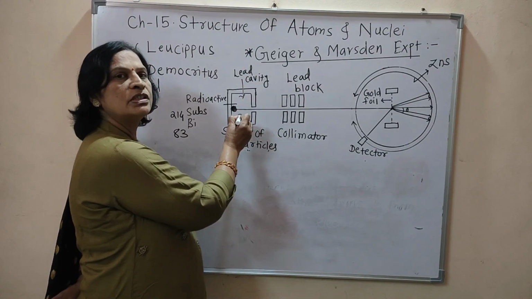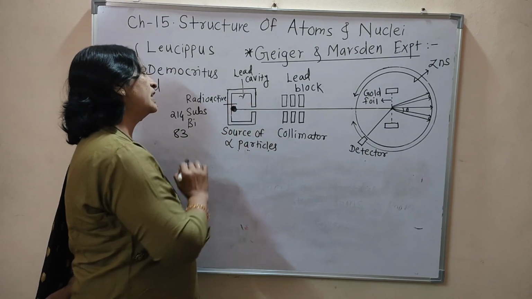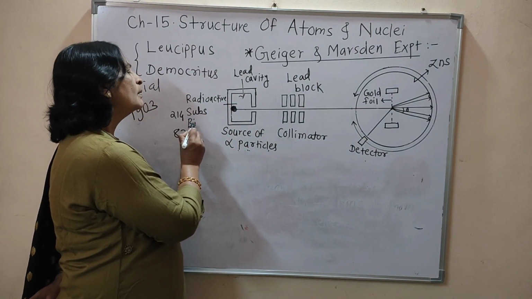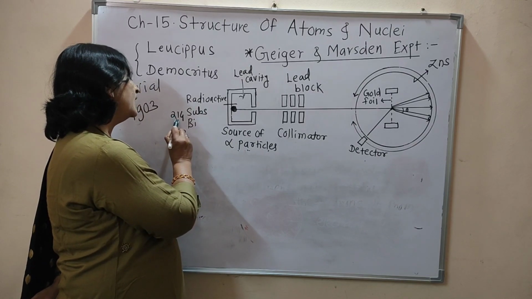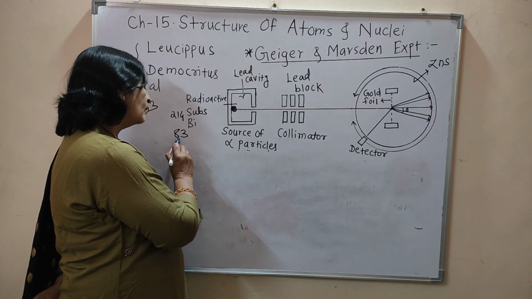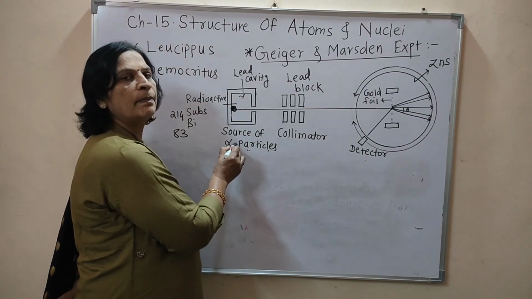Why is lead used? The density of lead is very large, and therefore the lead cavity is there. The radioactive substance bismuth is there because bismuth has mass number 214 and atomic number 83, and it is the source of alpha particles.